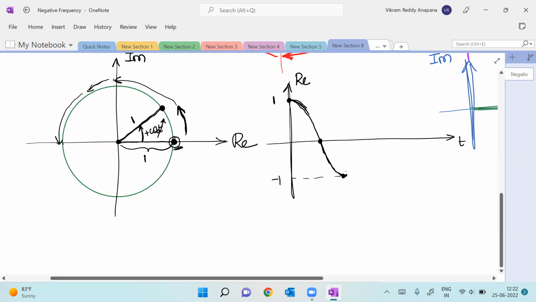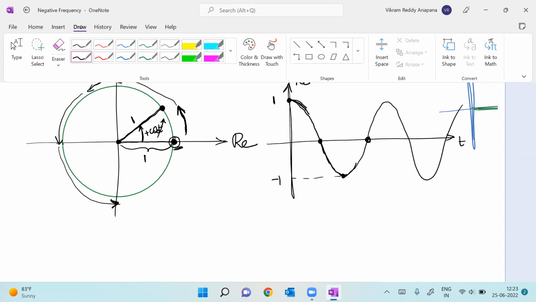So finally, what I have is this. Again, you come here, the real component is 0. So the real component is 0 here, and so on and so forth. That's it. So again, you get a waveform, a real waveform, something this way.